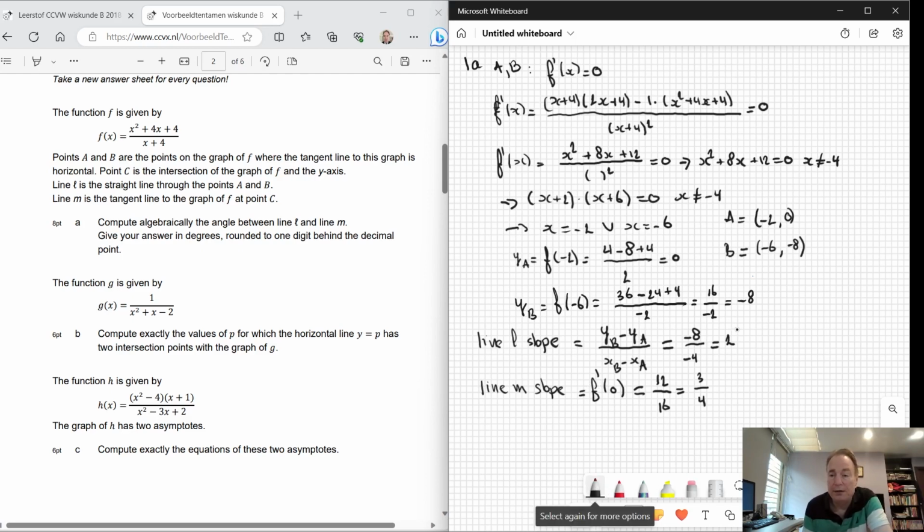Okay, so this means the direction angle, let's call it alpha L, is the inverse tangent of 2. And here alpha M is the inverse tangent of 0.75. And let's find our calculator.